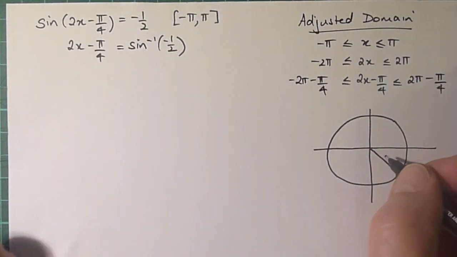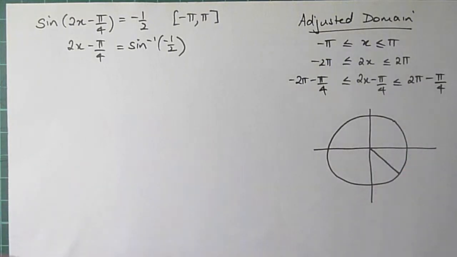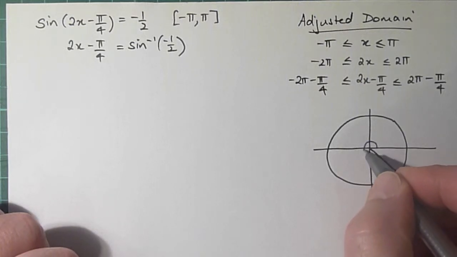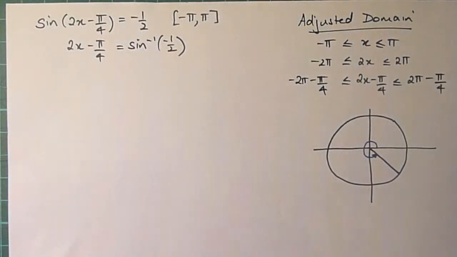So that becomes our domain. We're going from 0 around to 2 pi minus pi on 4.